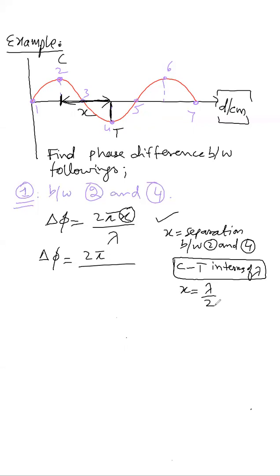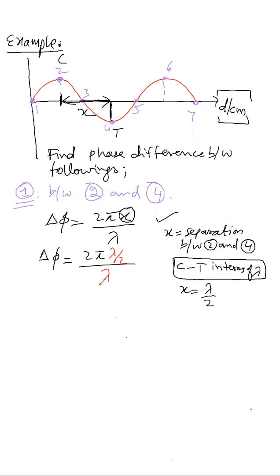So you have to put value of x as lambda by 2 over there. And now you have to look upon lambda. But again, as distance axes are not labeled, you will say that the wavelength of this wave is lambda.